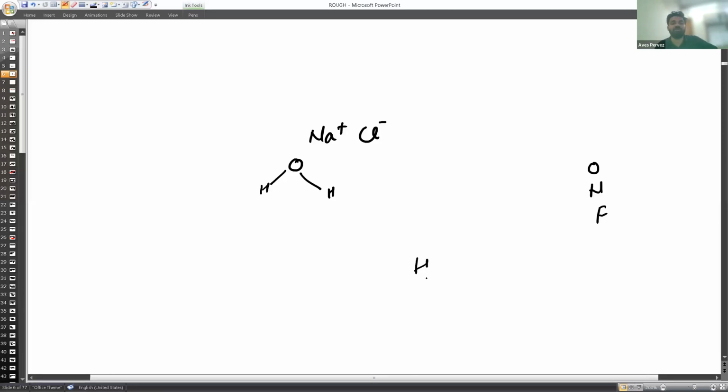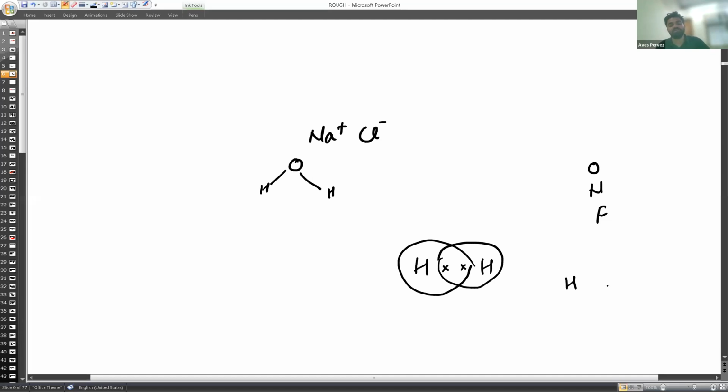For example, if two hydrogen atoms are combining, one hydrogen atom here and one here, there is no distortion in the electron cloud, or we can say that they both have the same power.